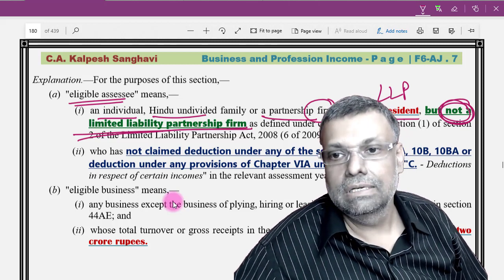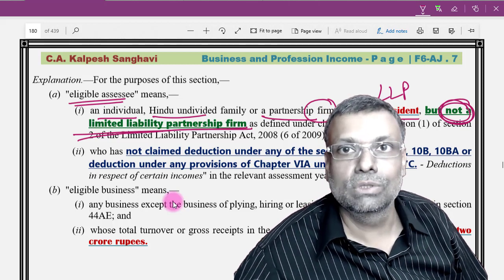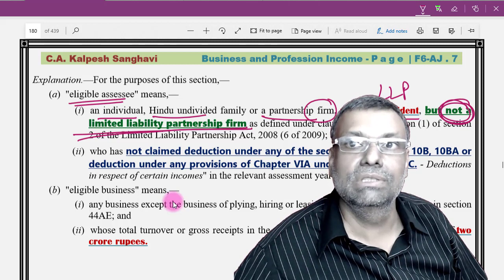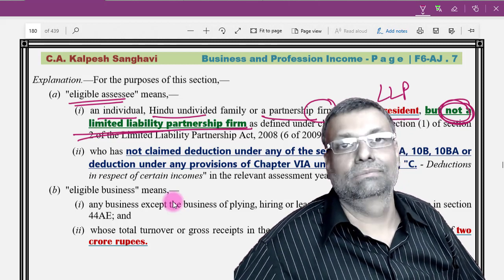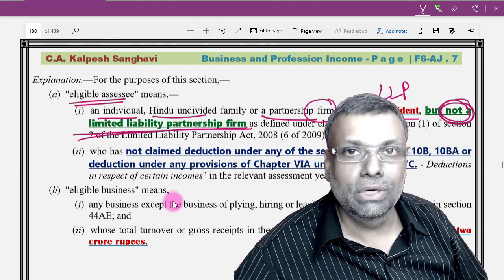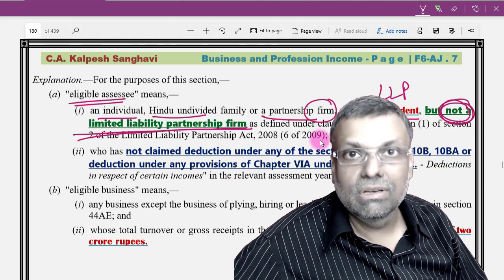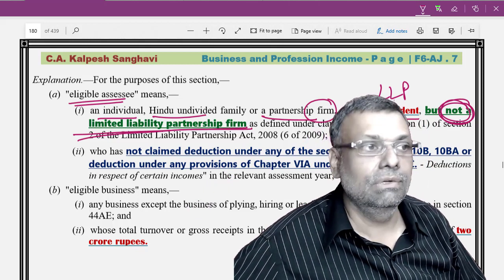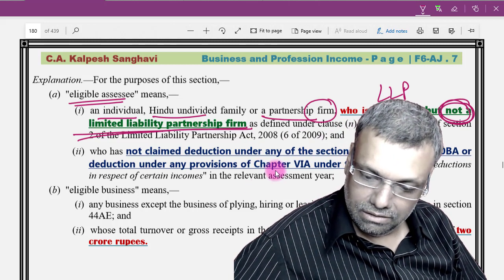So if a question gives you data that this is presumptive income for an LLP, we say no, we will not accept presumptive income because we have to go with the actual computation. You already know the actual computation. So when it comes to the LLP, this will be one of the differences in the computation.